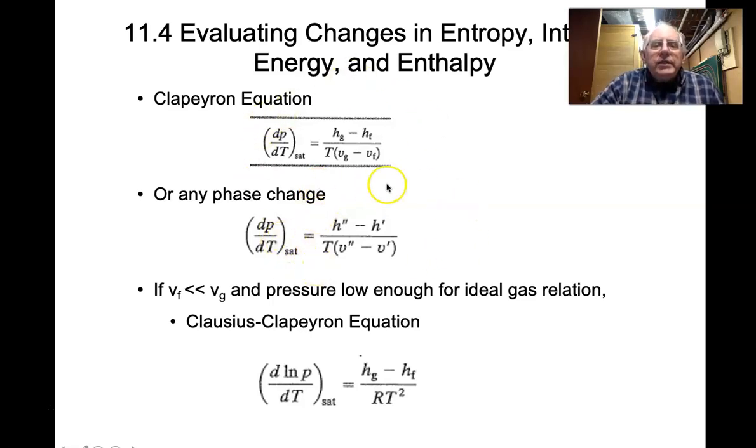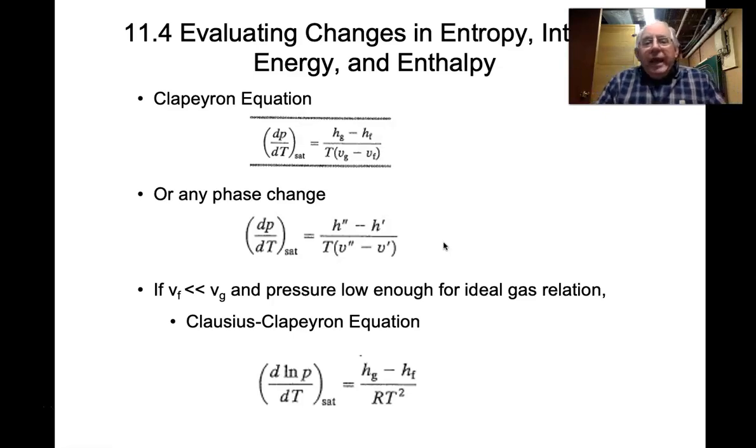And so we can say for that particular phase change, if we designate the one side as being double prime and the other side being prime, we can write it in a generic form like that.